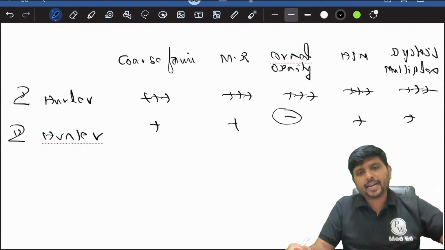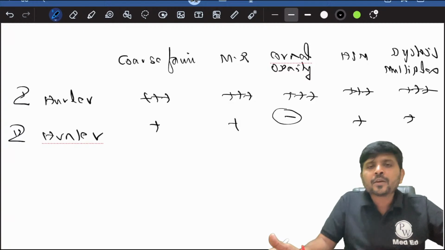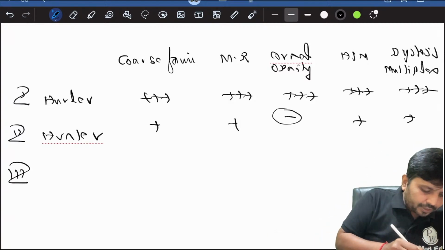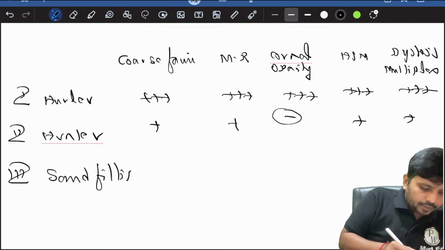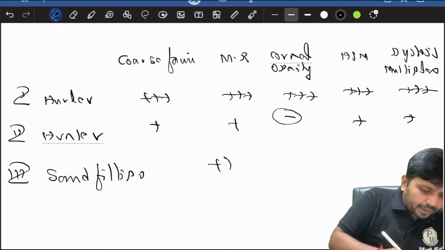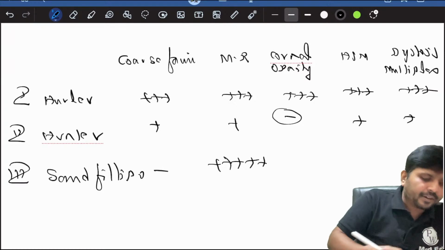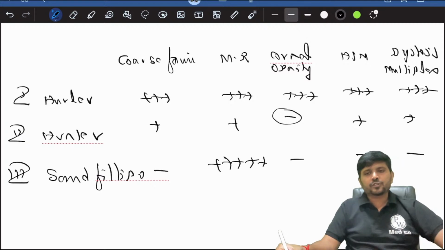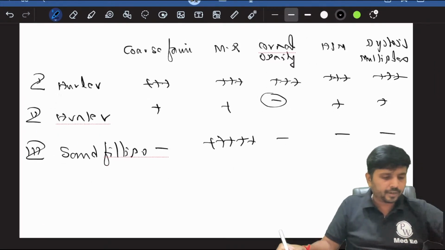The hunter can hunt because if he has a good vision, he can hunt. Third is Sanfilippo. This is characterized only by mental retardation. There will not be any coarse faces, no corneal opacity, no hepatosplenomegaly, no dysostosis multiplex or spine abnormalities.